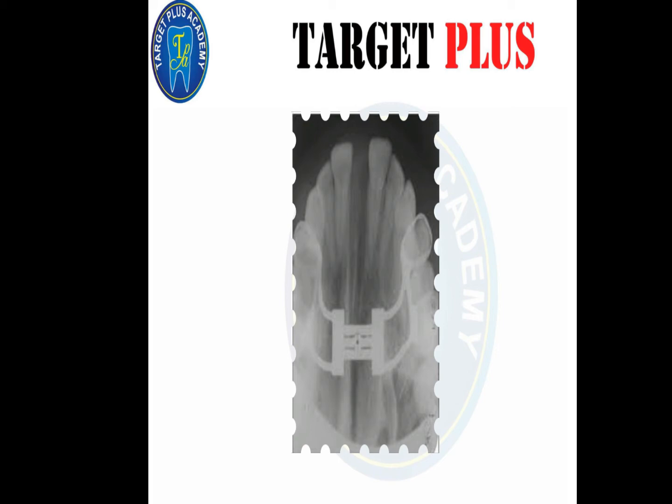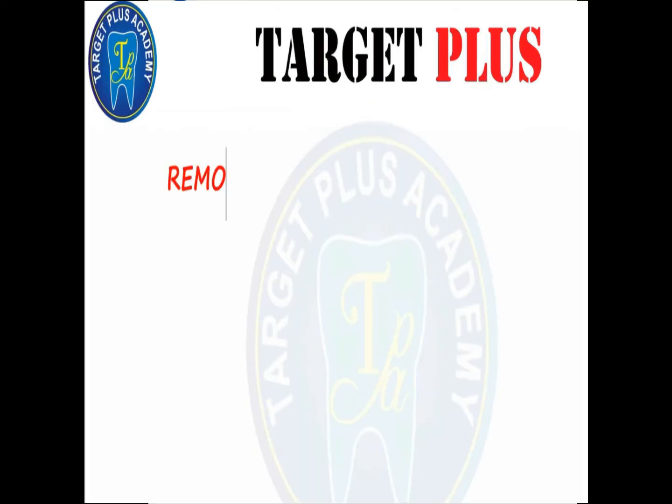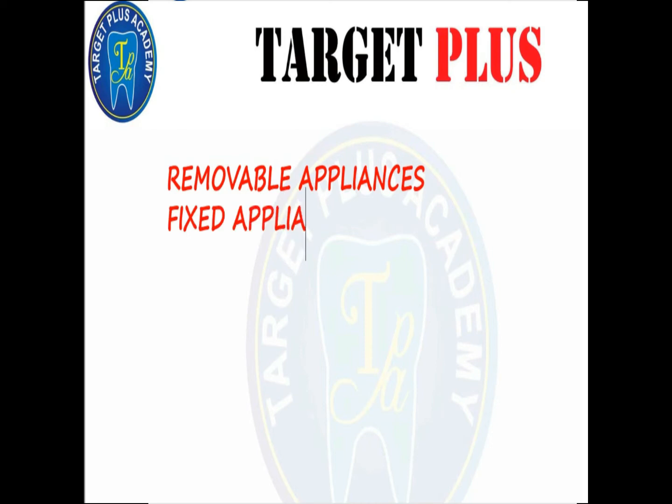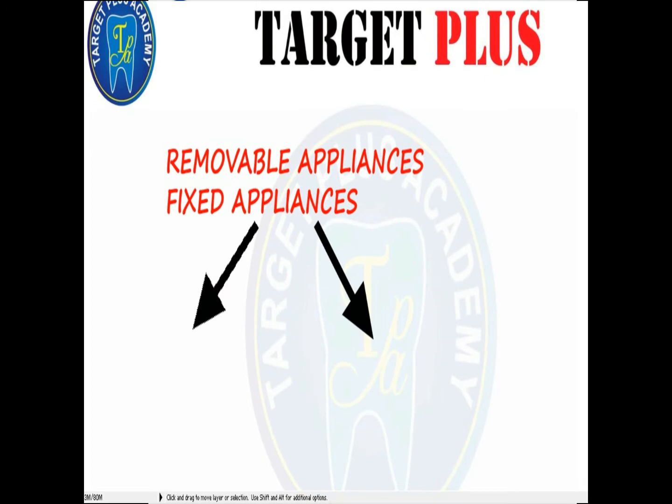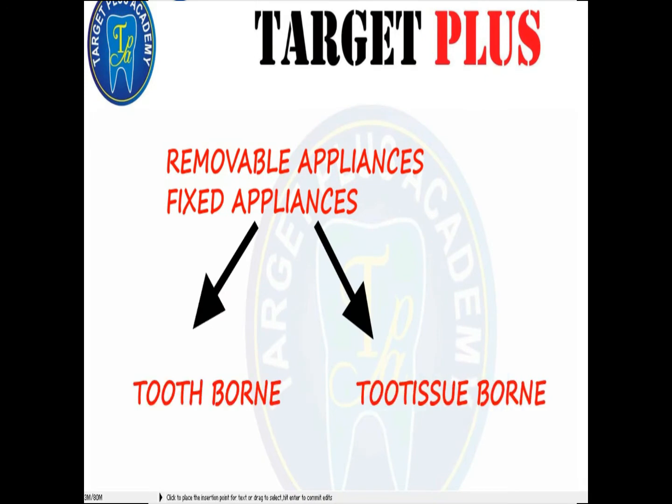Now let us discuss the types of appliances that we use for maxillary expansion. As we discussed, they can be removable appliances or fixed appliances. The fixed appliances can be tooth borne or tooth and tissue borne. First are the removable appliances.